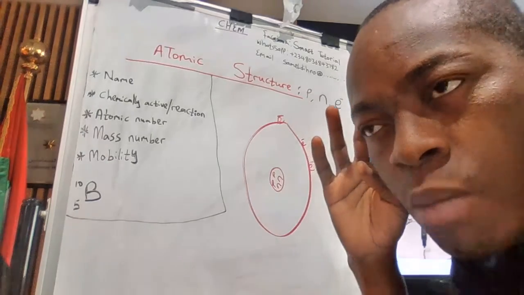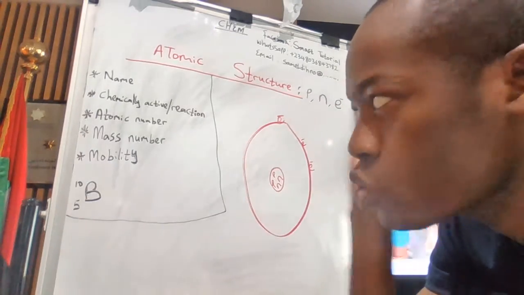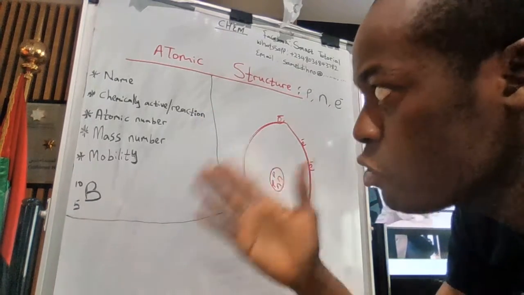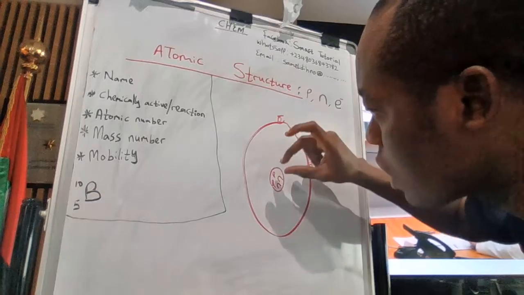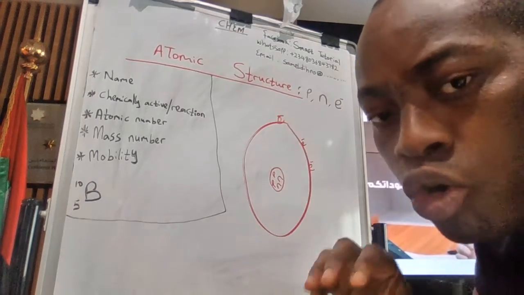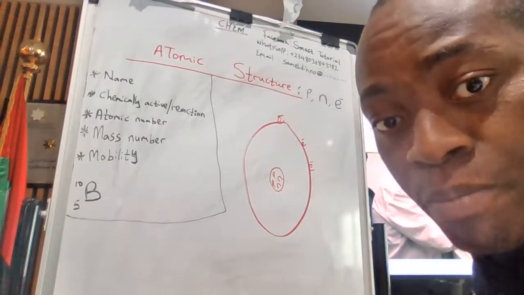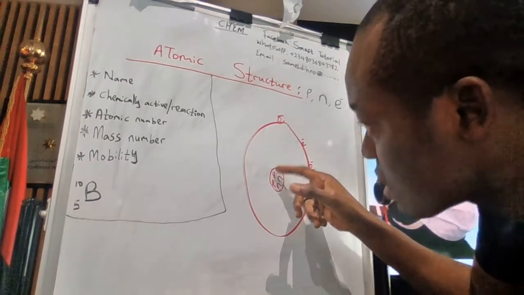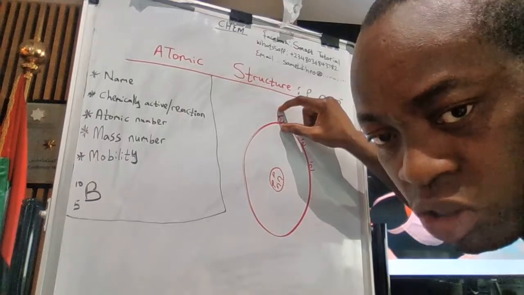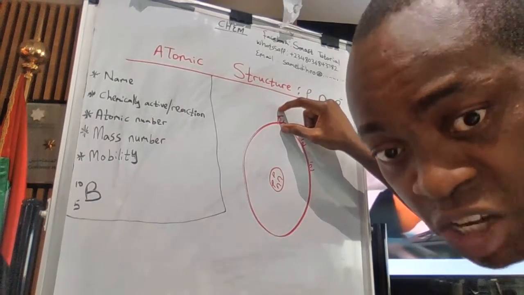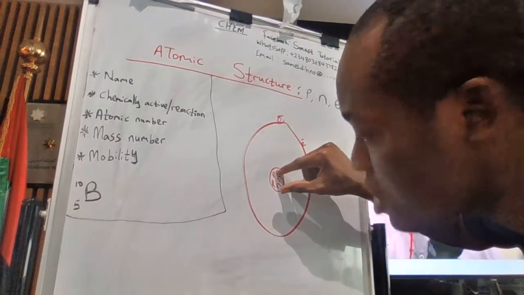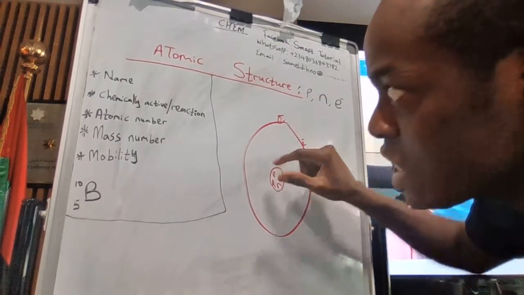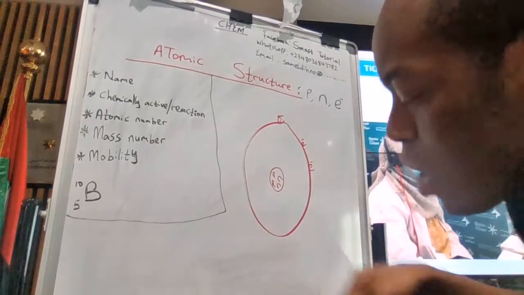So when we talk about electronic configuration, my mind goes to atomic number, which is very wrong. Even though the number of protons and the number of electrons, for a neutral element, are equal, just like hydrogen, a neutral element. If P is 1, electron is 1. Because P is 1, the atomic number is 1.